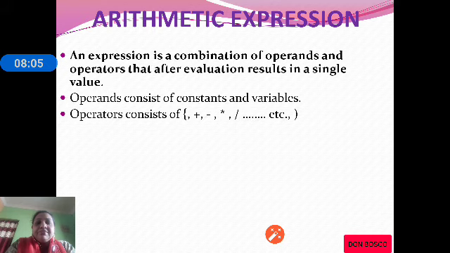Operators can be plus, minus, multiply, divide, etc. Let us check out an example. A plus B divided by 2 is an expression. In this, we have A, B, 2. A and B are variables and 2 is a constant. A, B and 2 are the operands, and plus and slash are the operators.